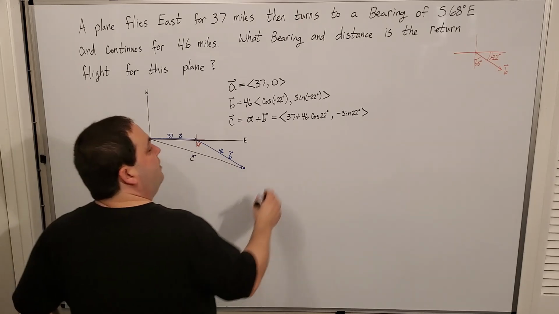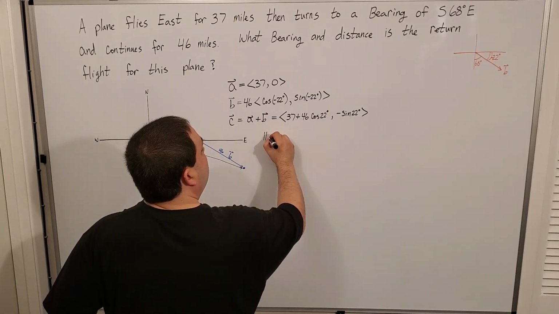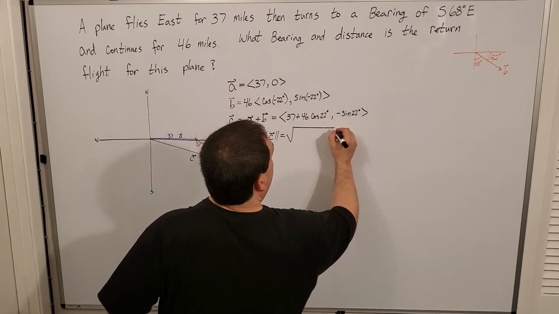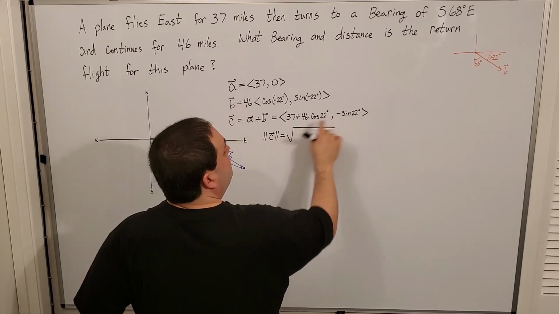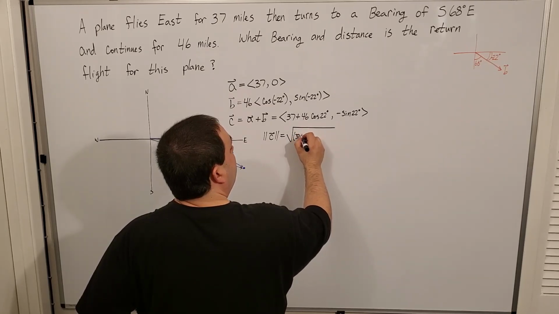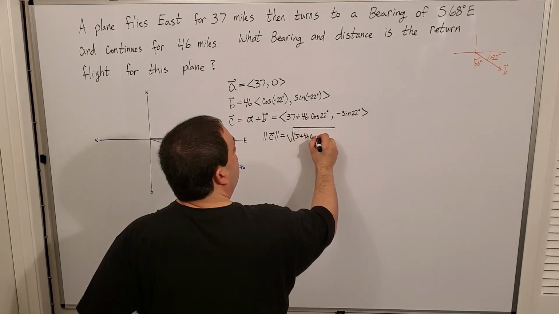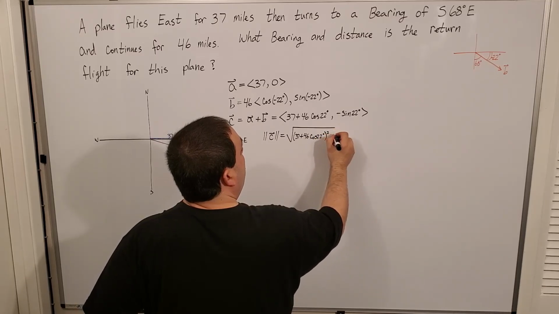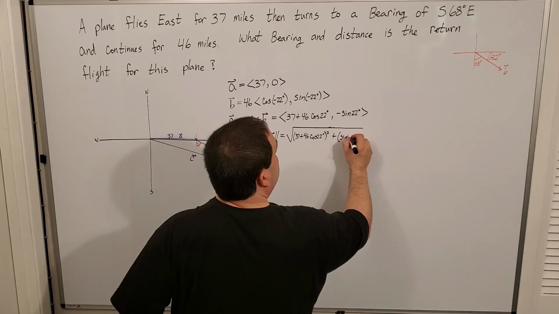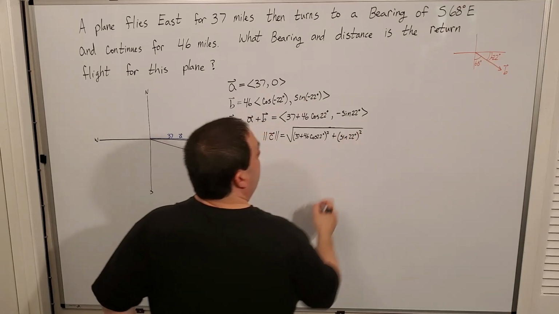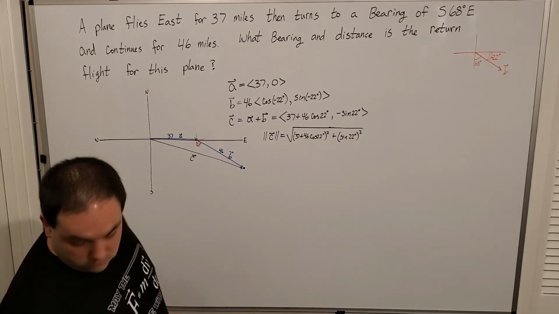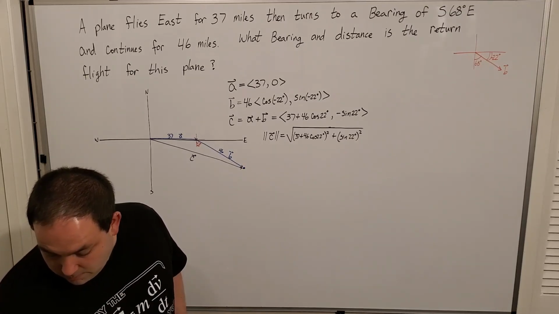Okay? And therefore the magnitude of C is just going to be the square root of these things squared. So that's 37 plus 46 cosine 22 degrees squared plus sine 22 degrees squared. And notice I had to drop the negative just because it's going to get squared away anyway.